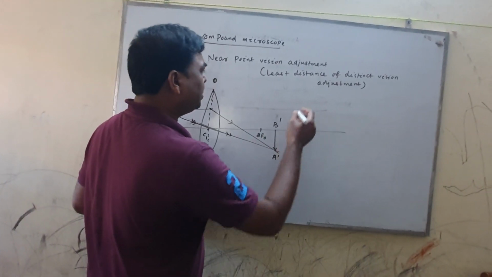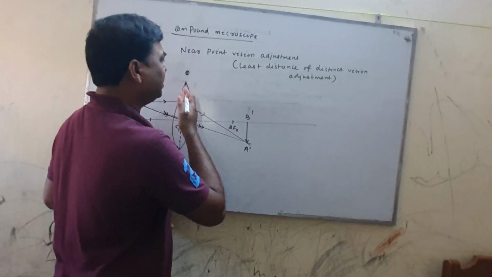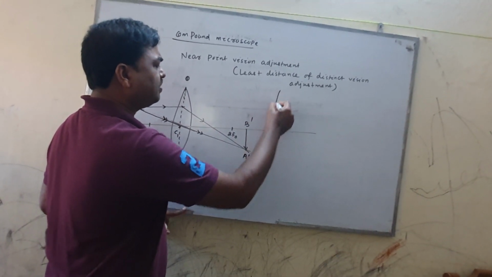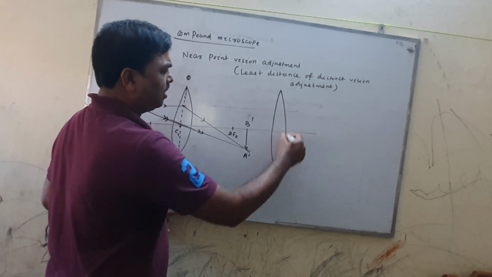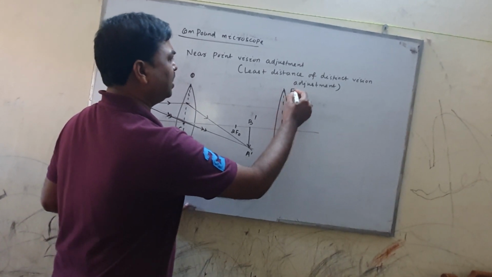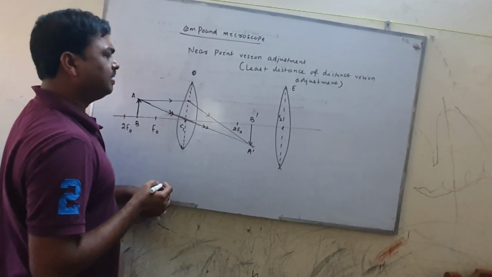Then it is adjusted between the focus and optical center of the eye lens, a lens with a little more aperture, the eyepiece or eye lens. This has relatively large aperture and large focal length. This is the eyepiece, and this is the optical center of the eye lens.